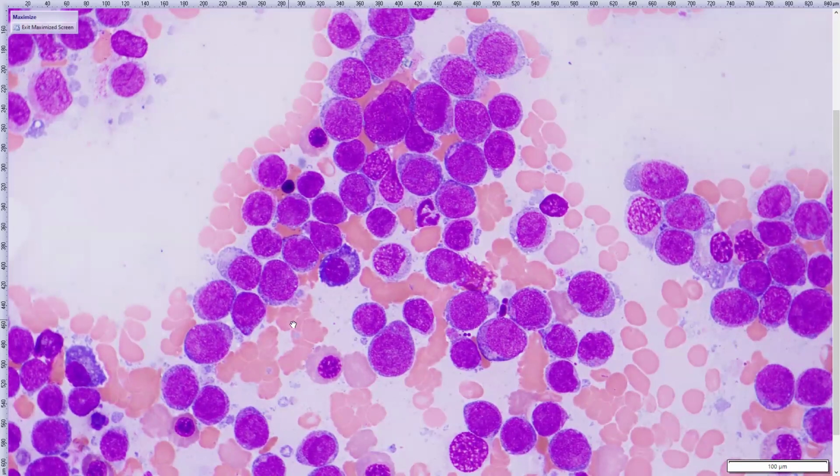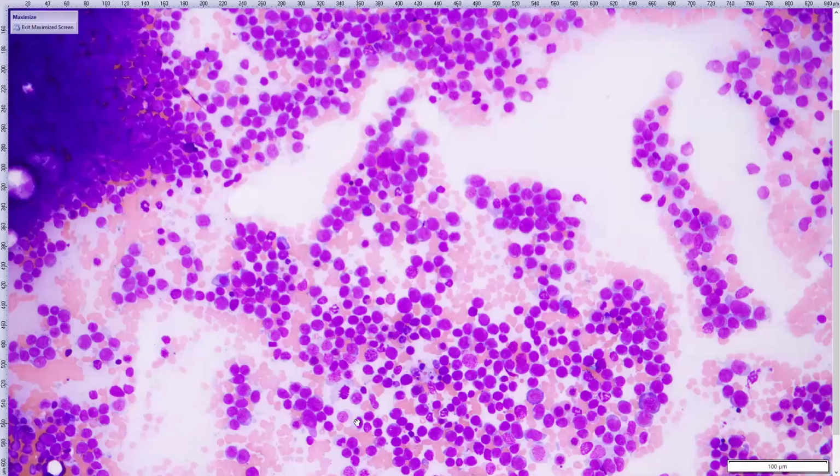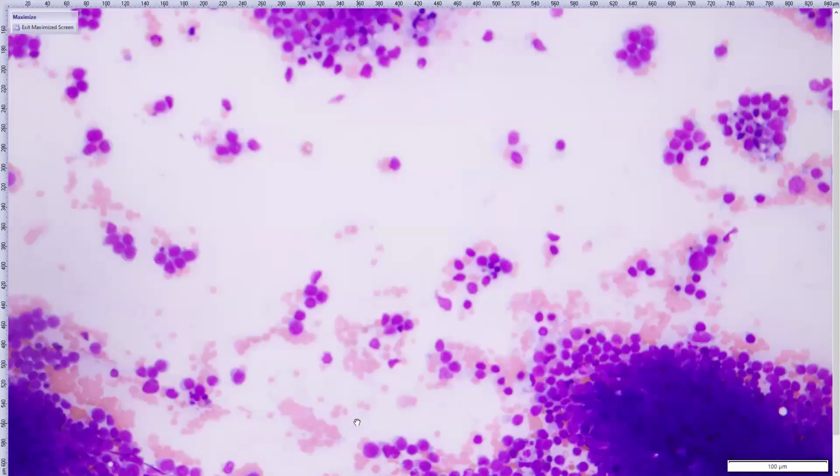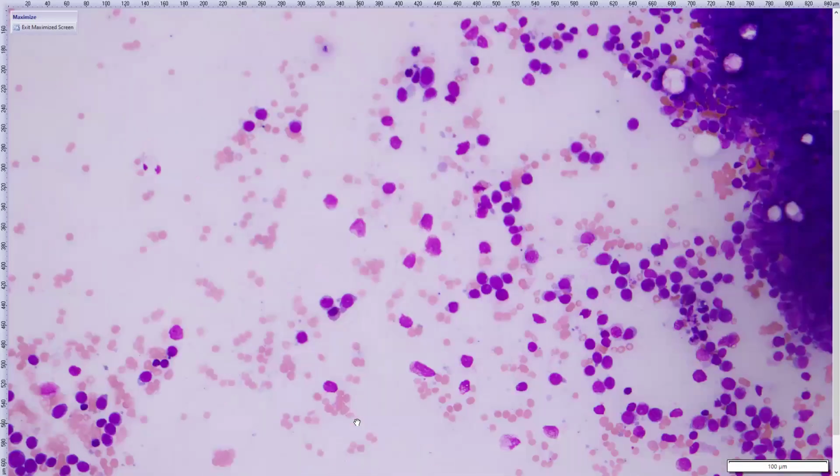Some of them have prominent nucleoli. Some of them are folded or indented like this one here. So we do see sheets of blasts in this bone marrow aspirate smear. Now, let's have a look at the core biopsy for this patient.